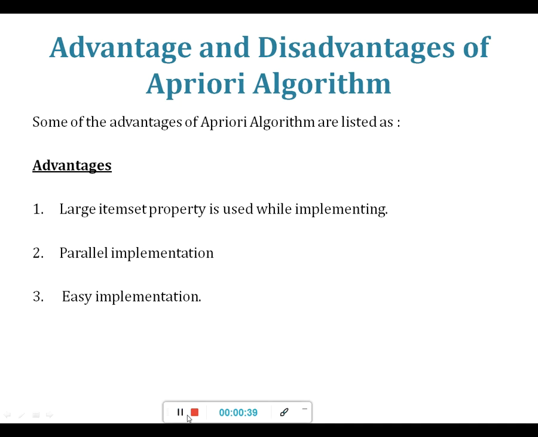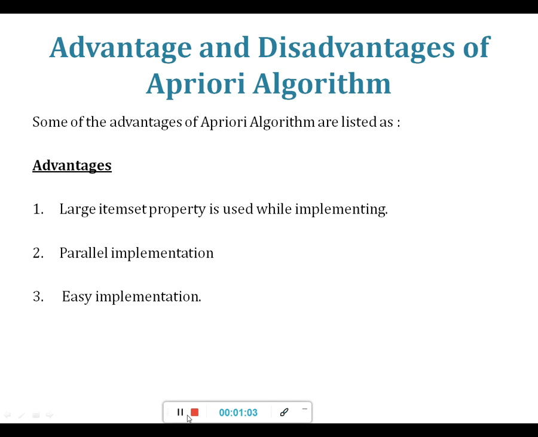The list of advantages contains three advantages. The first is that the large item set property is used while implementing. Whatever transaction data we are choosing to find the frequent patterns in the transaction table, we need to use the large item set property while implementing the Apriori algorithm.